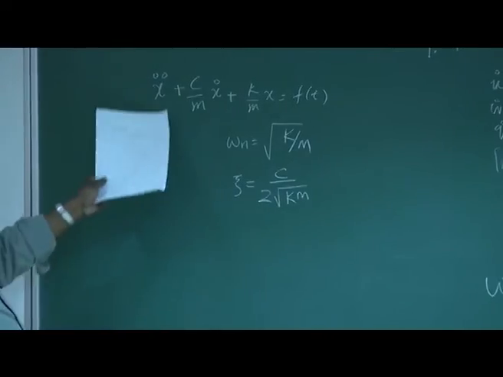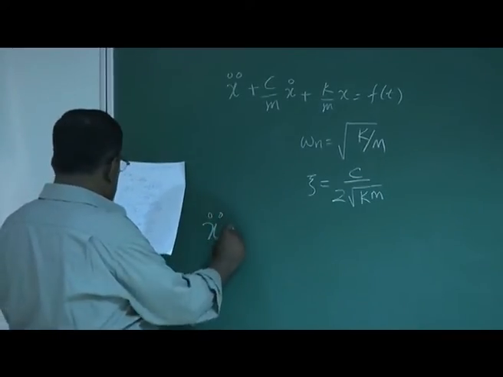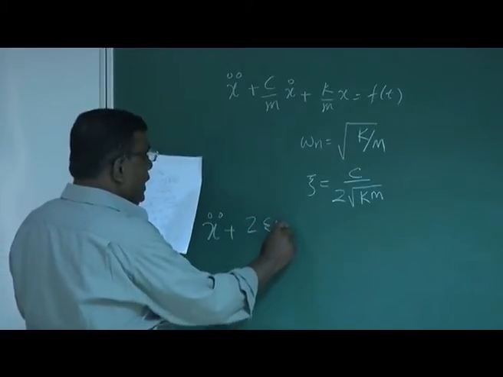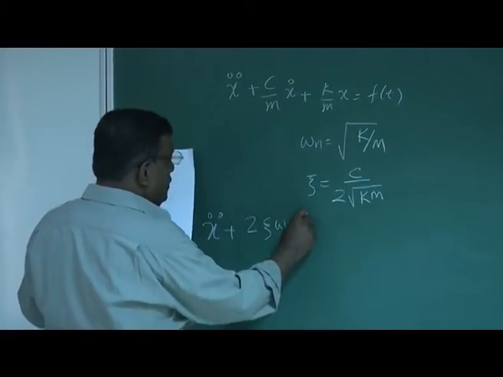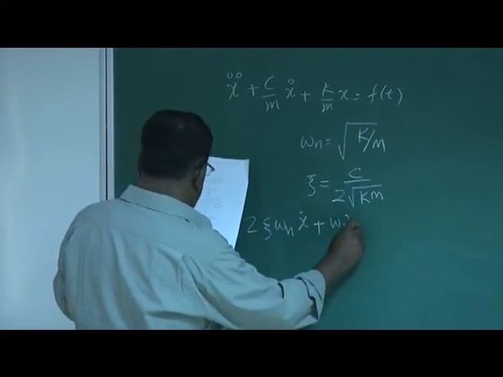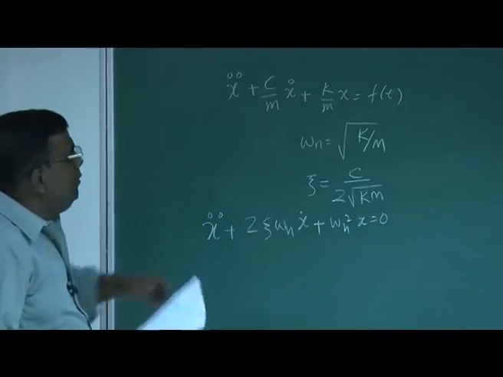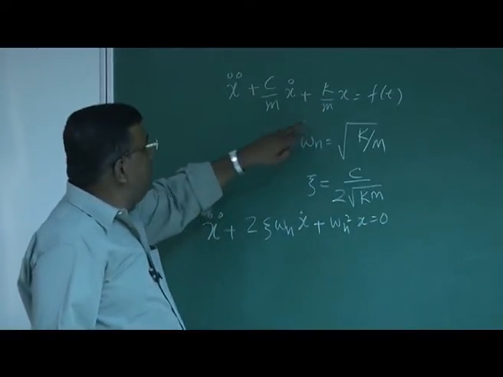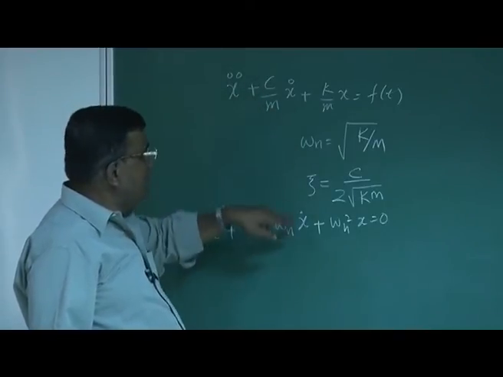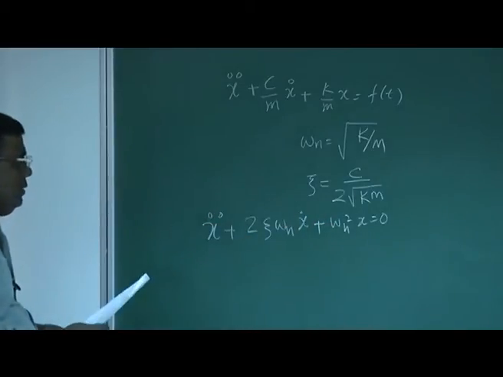Then if you substitute here, you can write this as x double dot plus 2 zeta omega n x dot plus omega n square x equal to 0. For k by m, omega n square has been written. For c by m, we have written 2 zeta omega n, and x dot is here, and that is how I can write this equation.